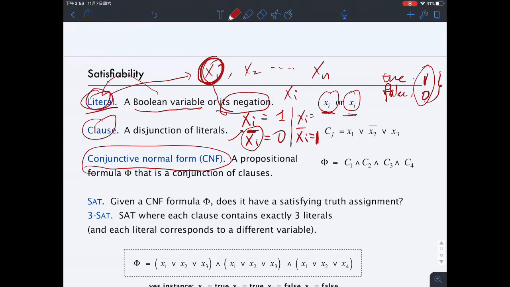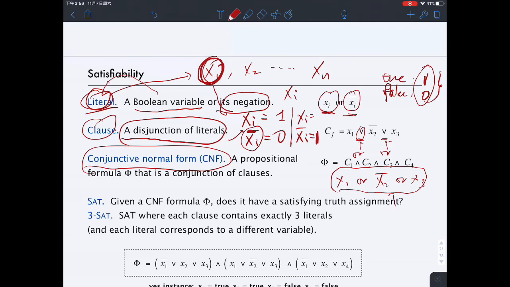After we introduce the notion of literal, we can use literals to build up clauses. A clause is a disjunction of literals. When I say disjunction, you can think of that as an OR function. So if I put x1 or x2 bar or x3, then this is a clause.